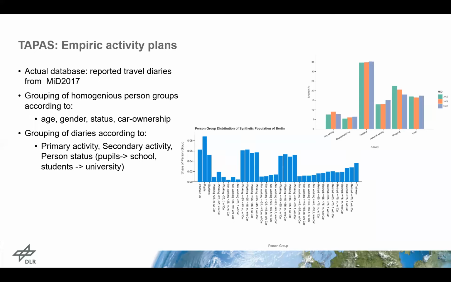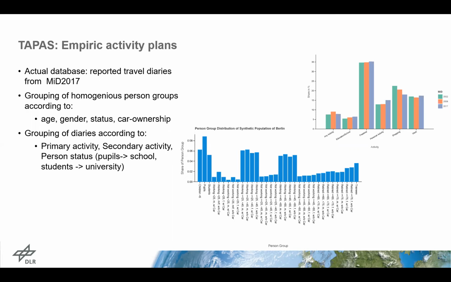And then what we're doing is we're grouping these households and these reported diary plans into certain groups that are basically activity-based. We said, okay, we put all diaries containing work trips in one group. And then we took all diaries that only contain shopping trips in another group. And then we do some subdivisions.